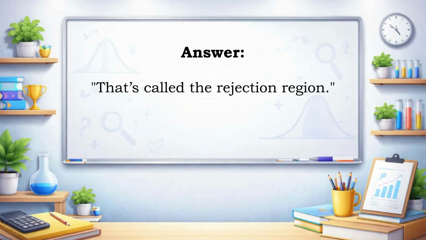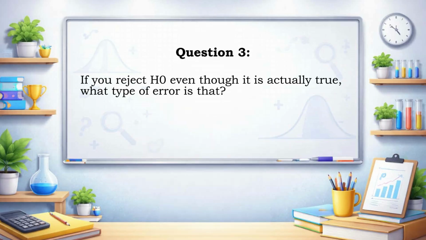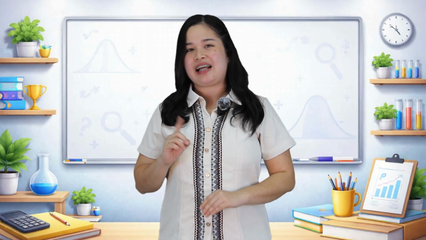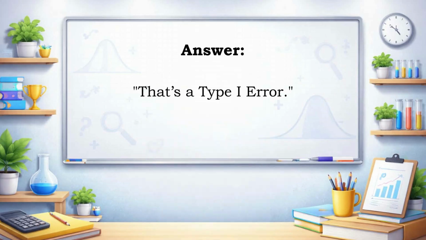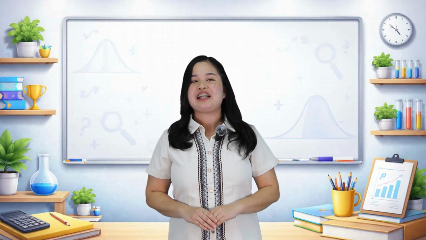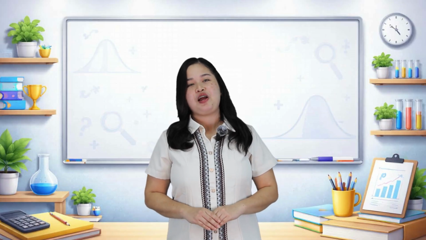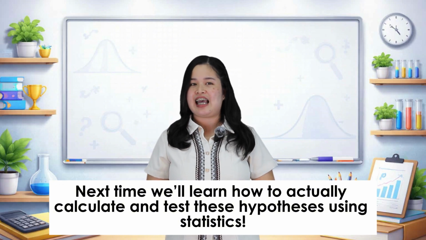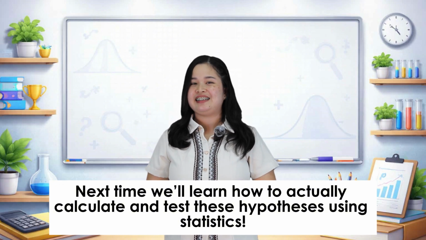That's called the rejection region. Question number 3. If you reject the null hypothesis, even though it is actually true, what type of error is that? Correct. That's a type 1 error. Great. If you got this right, you're on your way to understanding hypothesis testing. Remember, next time, we'll learn how to actually calculate and test this hypothesis using statistics.